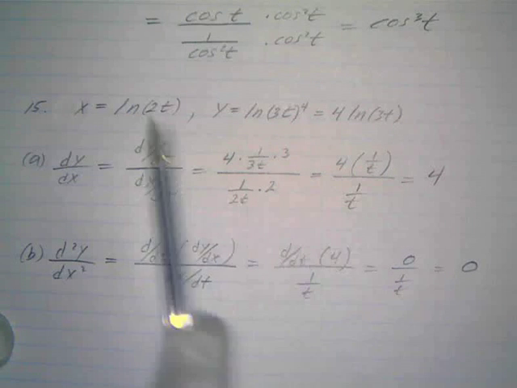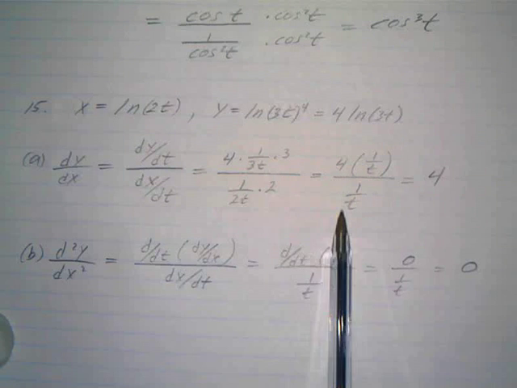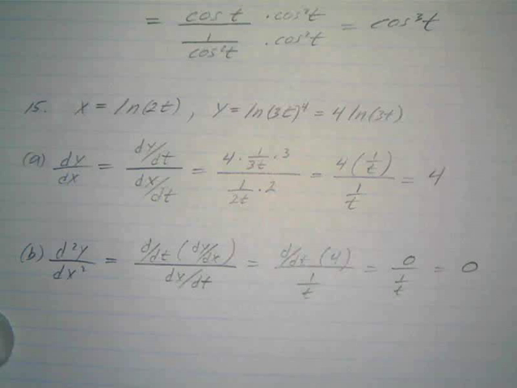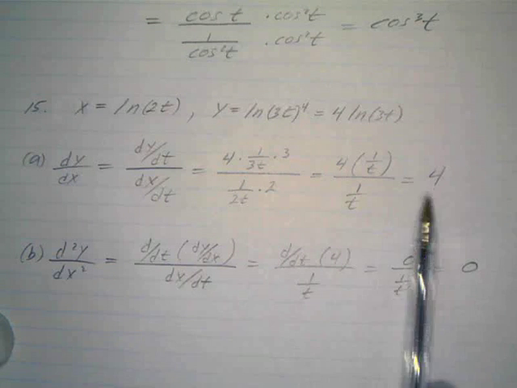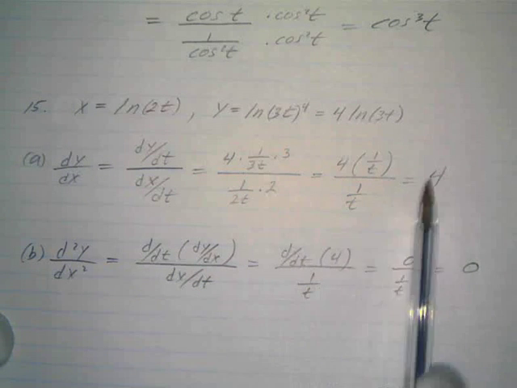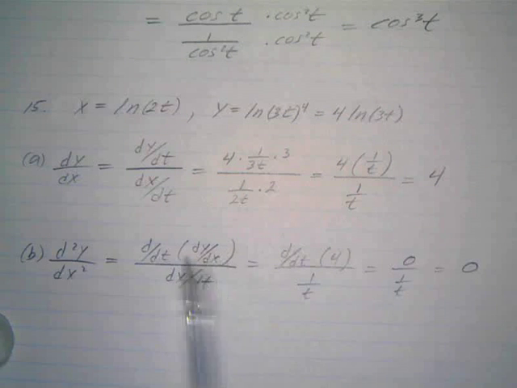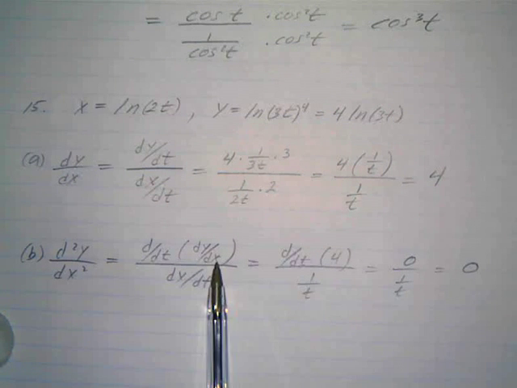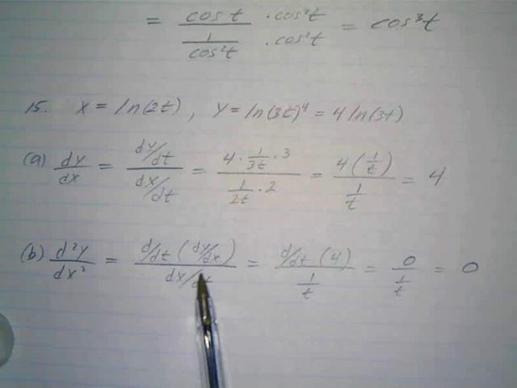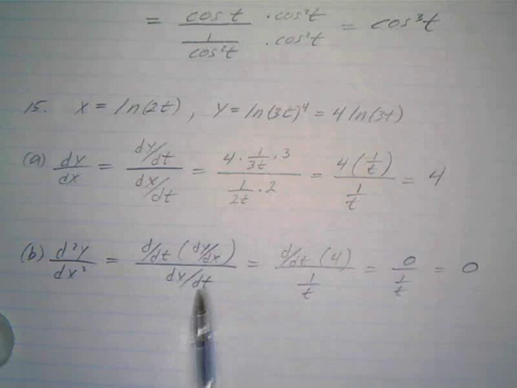And the denominator, we just had 1 over u du, or 1 over 2t times 2, so that just becomes 1 over t, but 1 over t becomes 1, so we just have 4. Then we take the second derivative, we take the derivative of the top over just dx/dt, and for the numerator we take the derivative of dy/dx, so that's d/dt of dy/dx. And dx/dt we already had was 1 over t.